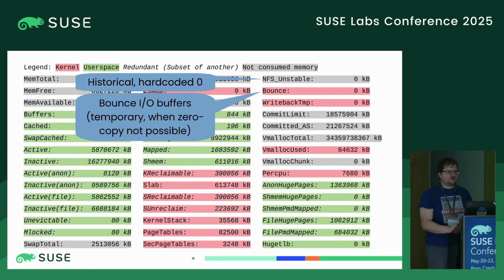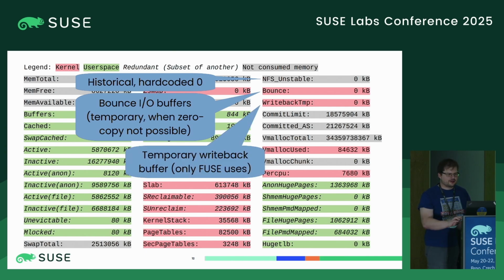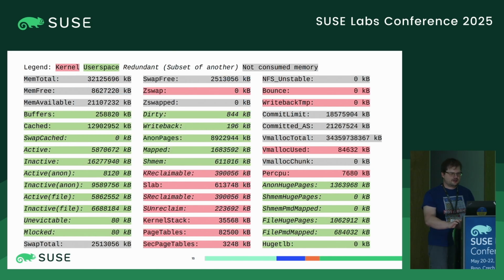But I think modern file systems don't need them, so it's mostly 0 anyway. Fuse file systems also need some temporary buffers, especially when they need to write data back, because they have to submit them to user space processes, which is more tricky than doing it from the kernel. Just at this LSFMM, there was discussion about how this could be improved, so maybe this will also become a historical counter in the future.